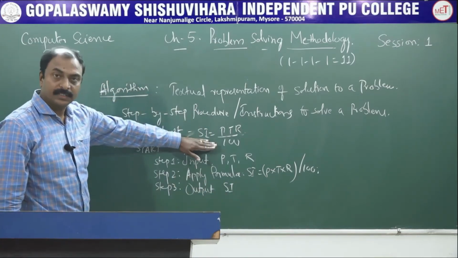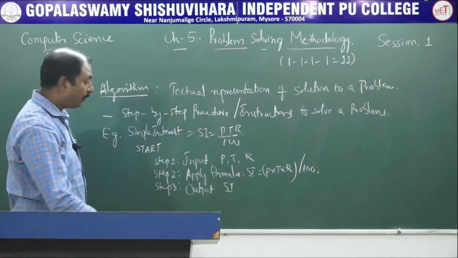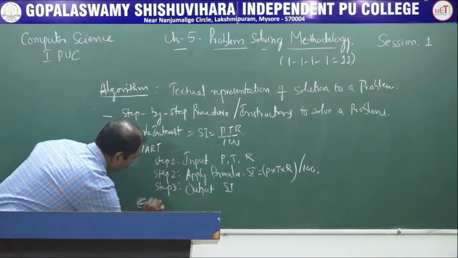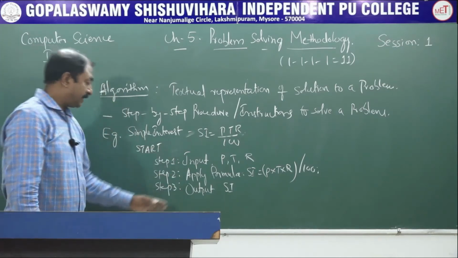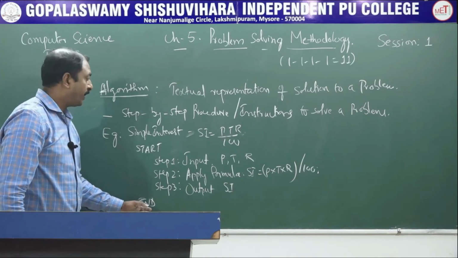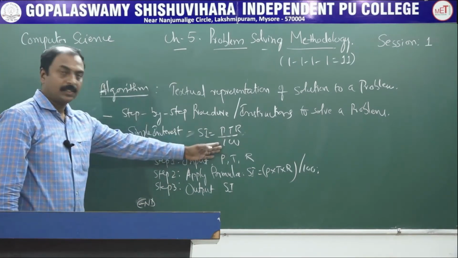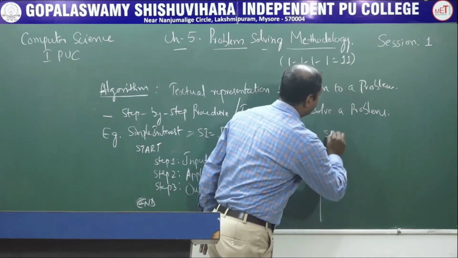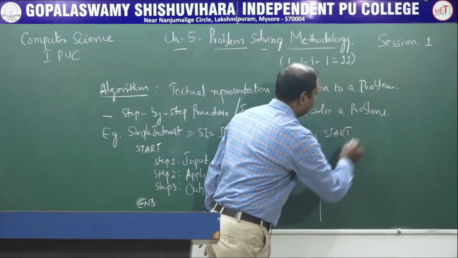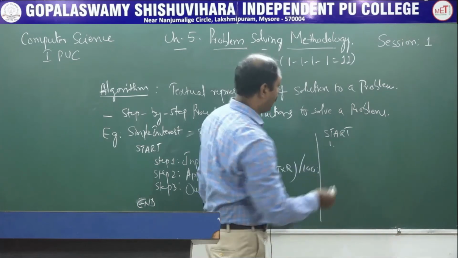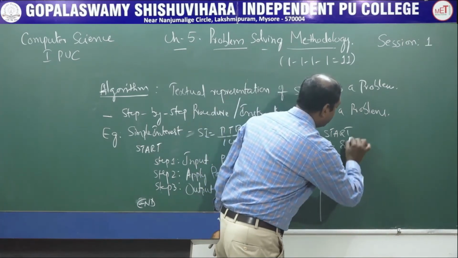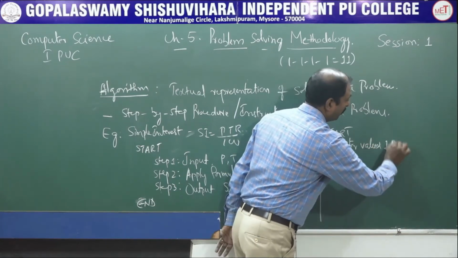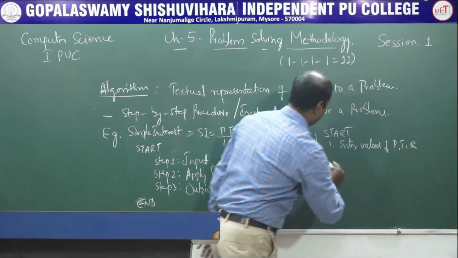Once we have arrived at the result, this ends the problem. We are going to end here. So this is a very simple example of an algorithm to find simple interest. It can also be written as: first start. Step 1 is enter values of PTR.